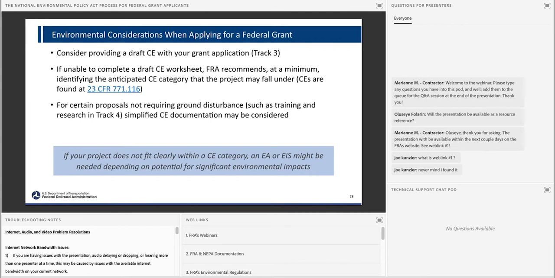And we can also look to CE categories, as I mentioned before, at Federal Highway Administration and Federal Transit Administration. And an environmental specialist at FRA will work with you when your grant is approved through that process, if it's something that doesn't fit clearly within a CE category.